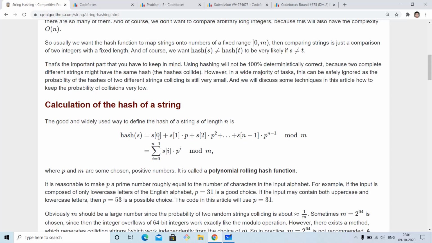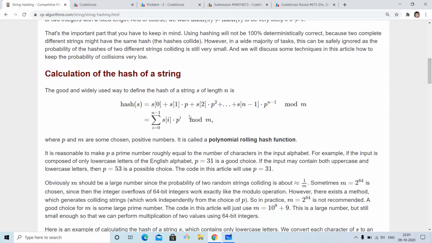So the hash is the value at position 0, plus the value at position 1 multiplied by a prime number. We usually take a prime like 31 for lowercase letters, but in this problem we will take the prime 29. 29 is also big enough, bigger than 26, so it's a nice prime for this problem. Finally, we take a mod m.